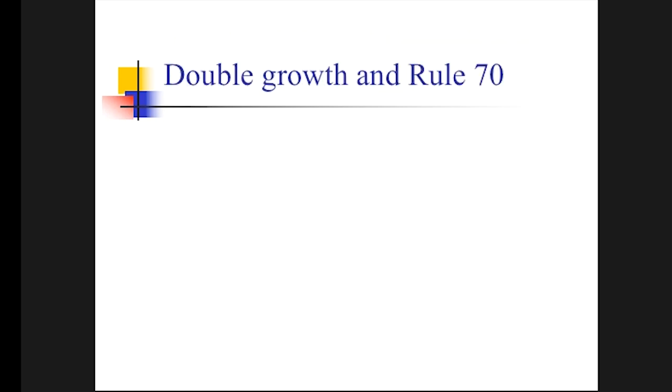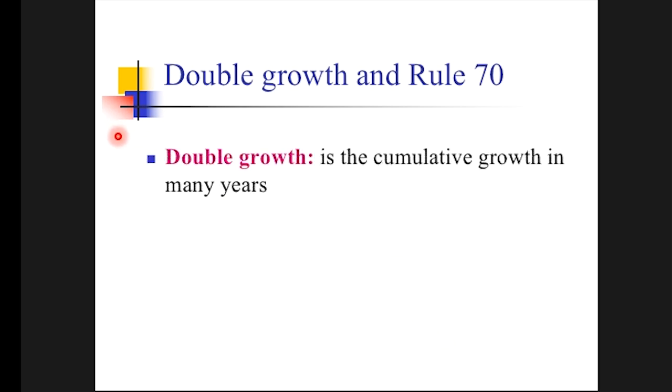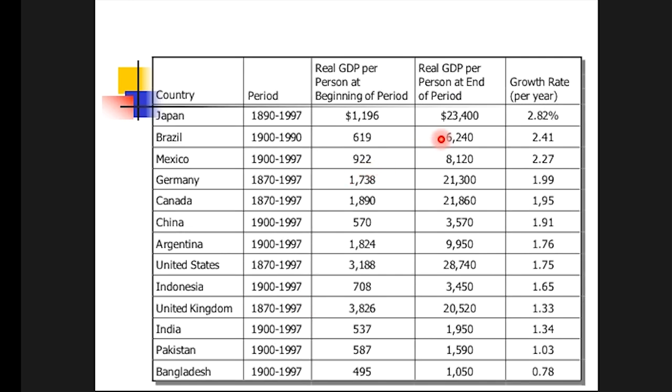To see the importance of growth, you may notice that the growth rate seems to be very small. For example, in this table, we can see that the growth rate may be 2% or 1% or even lower than 1%.